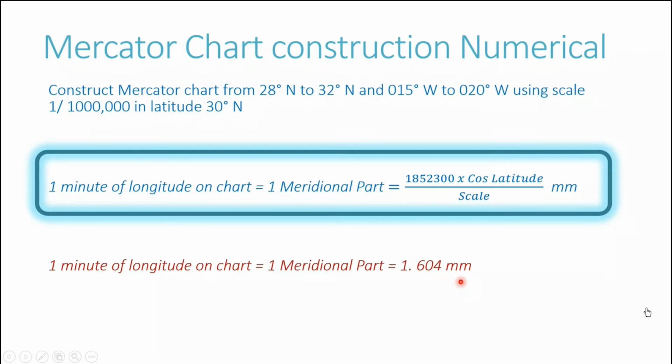It will be 1.604 millimeters. So proceeding further, 1 minute of longitude on the chart is equal to 1.604 millimeters.